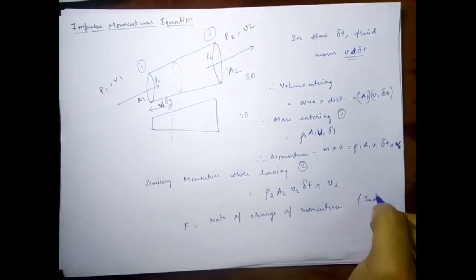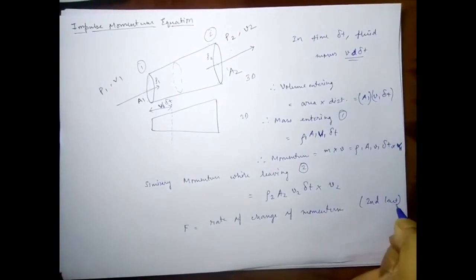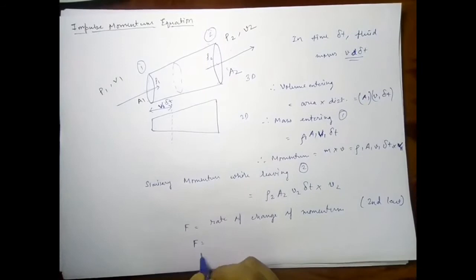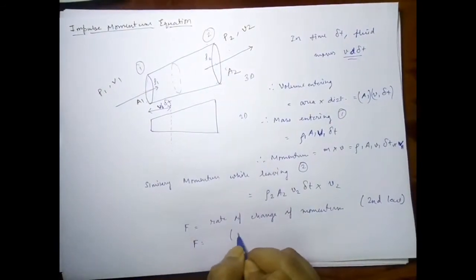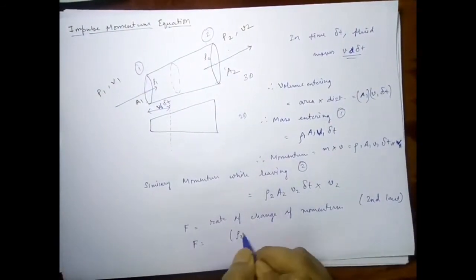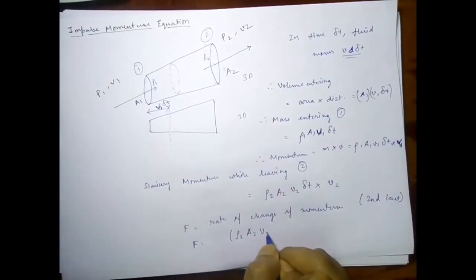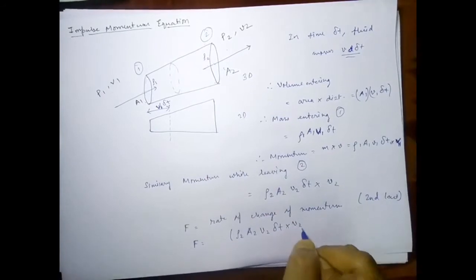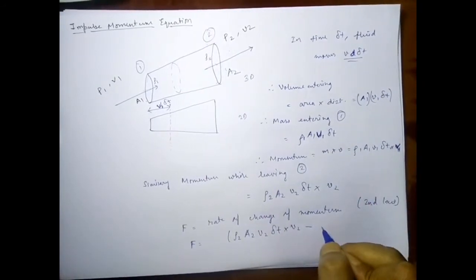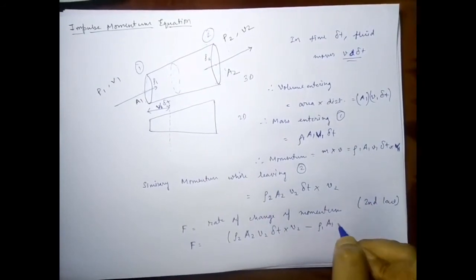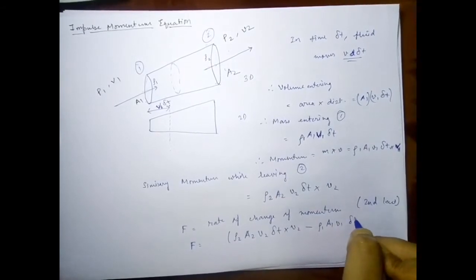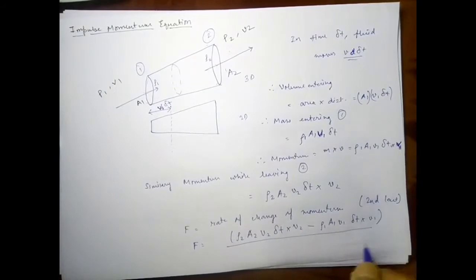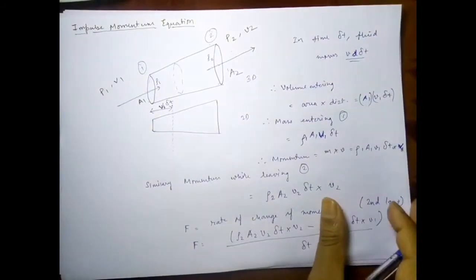So the force F is equal to the rate of change of momentum, that is, momentum at 2, rho 2 A2 V2 delta t times V2, minus rho 1 A1 V1 delta t times V1, upon the time taken, and that will be delta t.